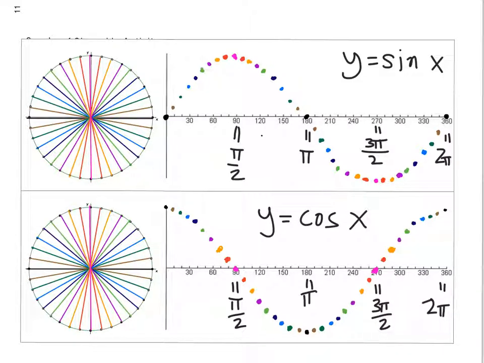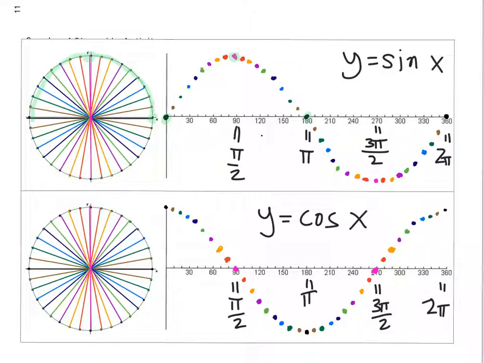So if I look at the sine values, here's 0, and at 0 the y value is 0, so we're at 0 when we make the plot. Then I go up to the top of the circle at pi over 2. There the sine value is 1, and that's where the maximum is. Then I work my way down to pi, where I'm back at 0, or in the middle.